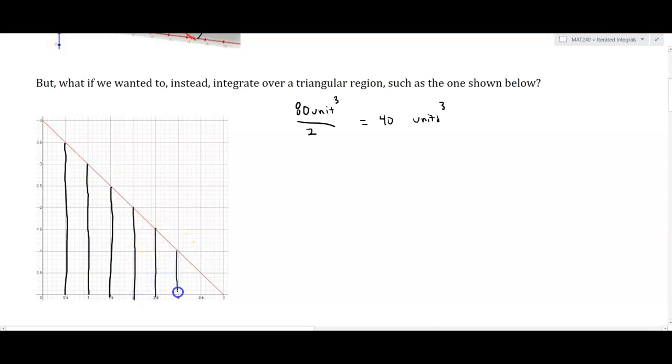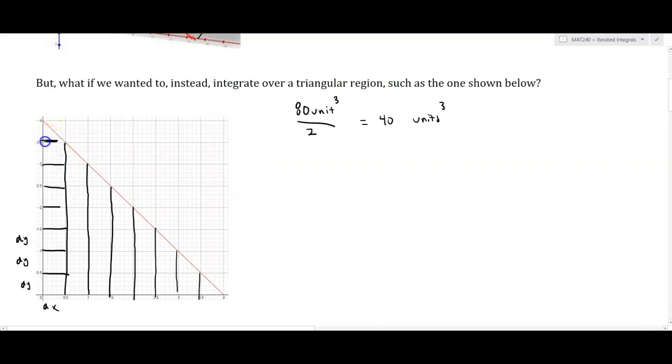Within each of those columns, I want to add up the individual volumes, working my way up along each column. Let's say this represents a small dy by dx portion, and then I add the volume here, and the volume here, all the way up until I reach, well, where do I have to stop?